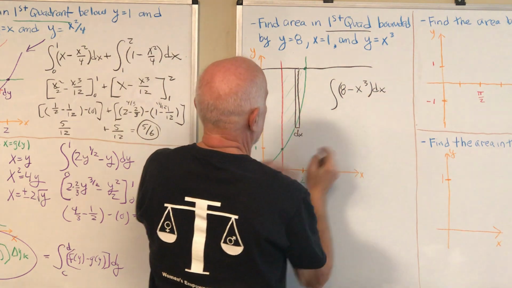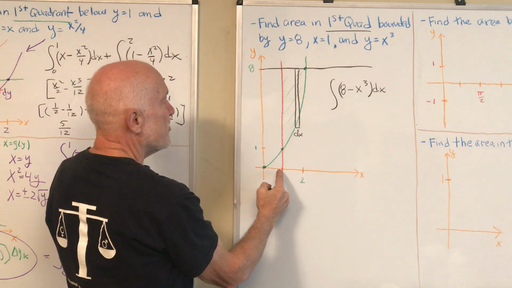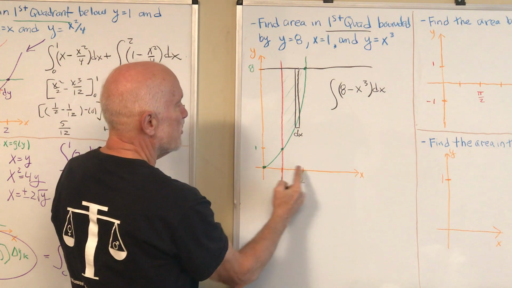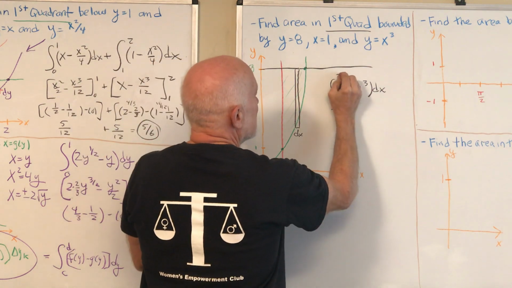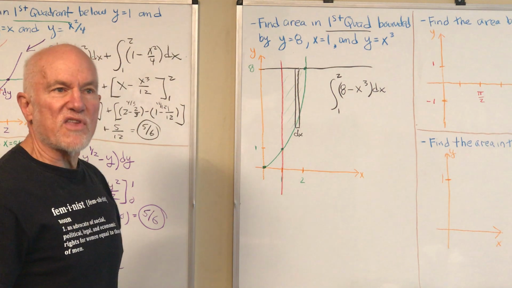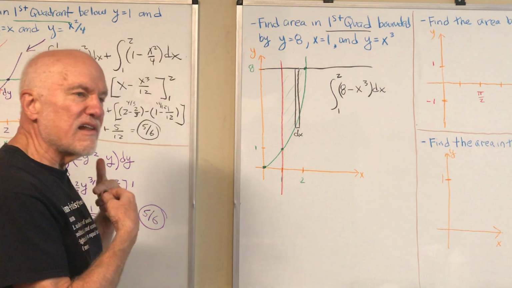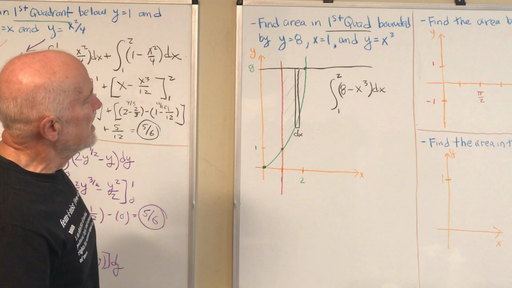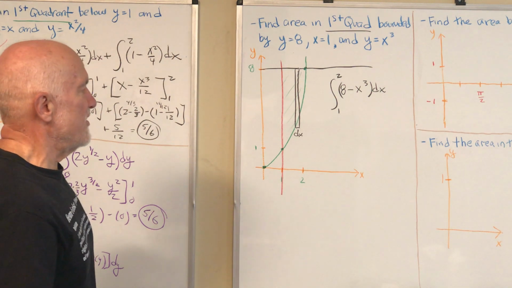And you're going to go from x equals 1 to x equals 2. Let's just write them up this time instead of working them out. You've had a lot of practice on doing the fundamental theorem of calculus.